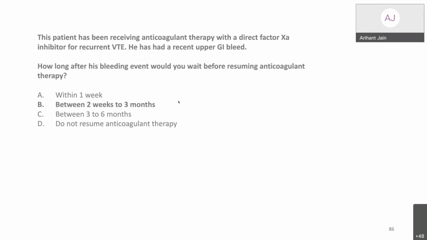What are the options with you? Sir, one option is DOACs, low molecular weight heparin, and unfractionated heparin, sir. Name the DOACs. Which DOACs do you have? Sir, already he has Dabigatran and rivaroxaban.